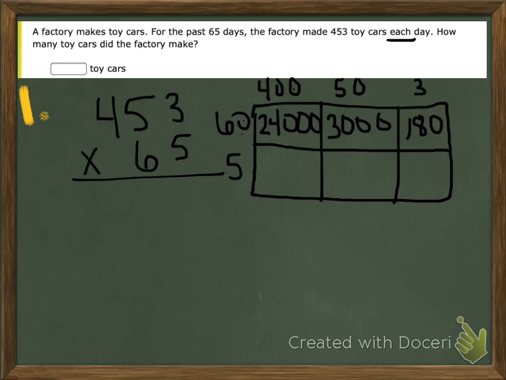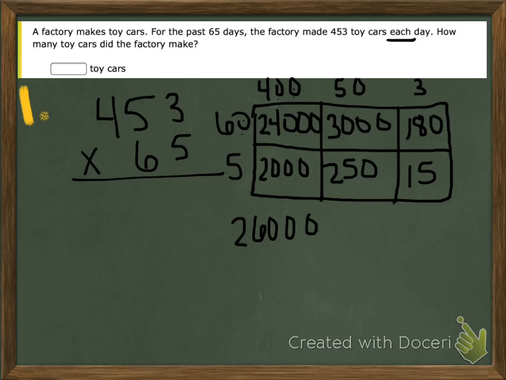Let's go to my second line. 4 times 5 is 20, add my 2 zeros. 5 times 5 is 25, and that's my 1 zero, and then 5 times 3 is 15. I'm going to add these up in chunks, because I know that 24,000 plus 2,000 is 26,000.